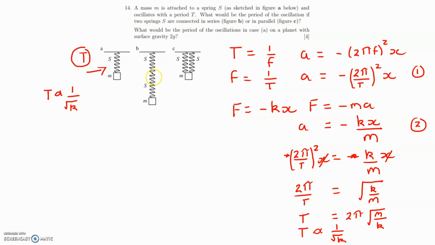Now, when they're connected in series, they're easier to extend, and if they're two identical springs, then the spring constant would be halved. So our spring constant for B would be K over 2.